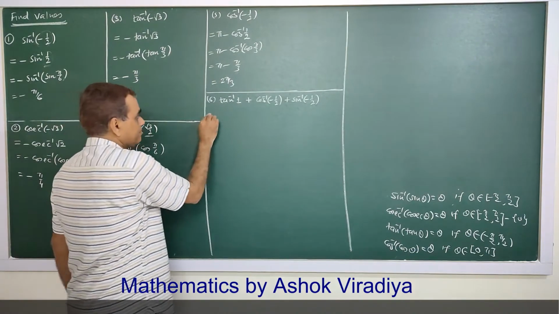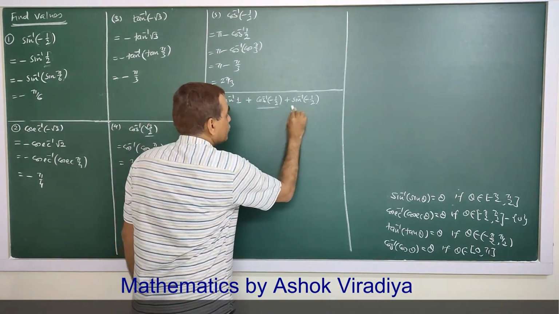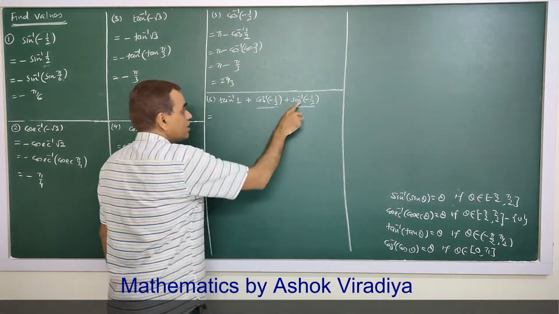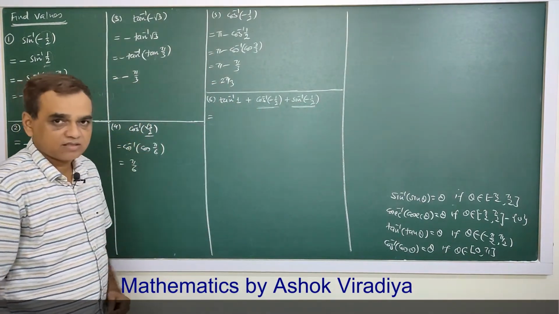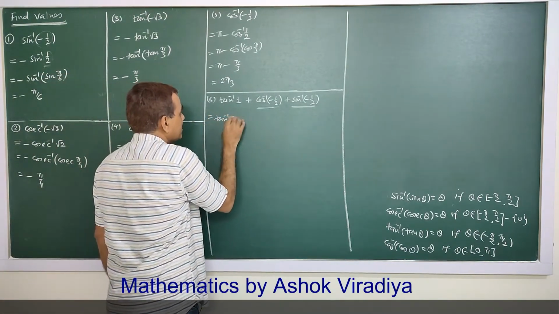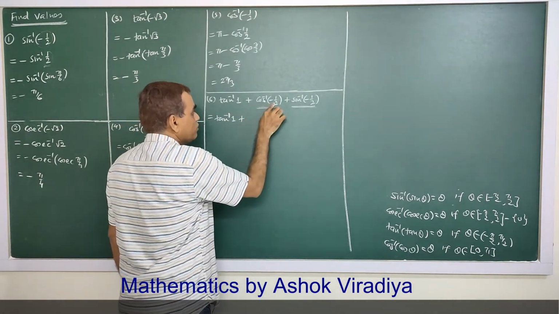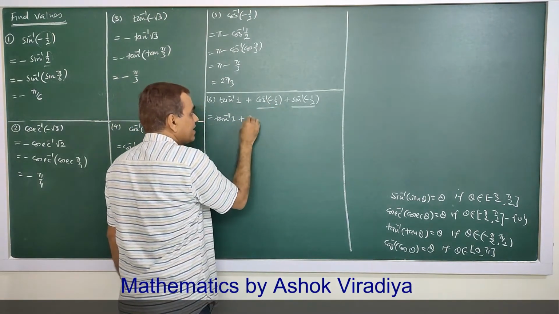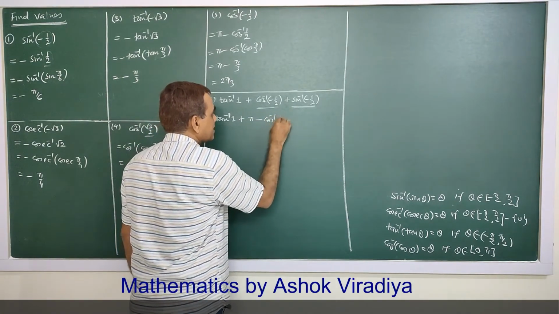Now say here, first of all we use a property to remove this minus sign which is inside. This number tan inverse 1 we just keep as it is, plus cos inverse minus x, it is pi minus cos inverse x.